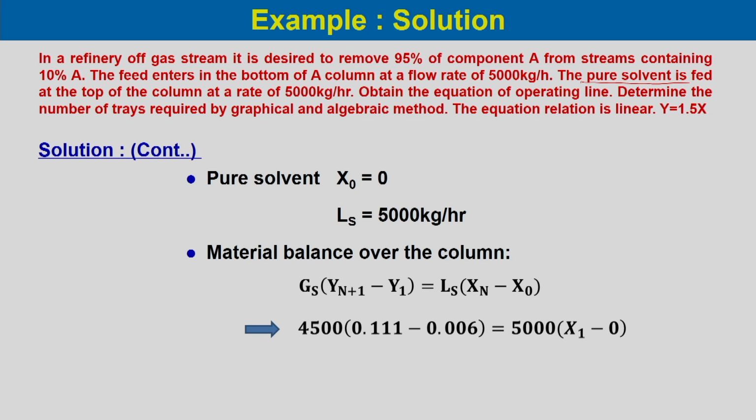If we substitute, we can calculate the exit mole ratio capital X 1, which would be equal to 0.9 into 0.105, which is equal to 0.0945. So, X 1 is now known to us.